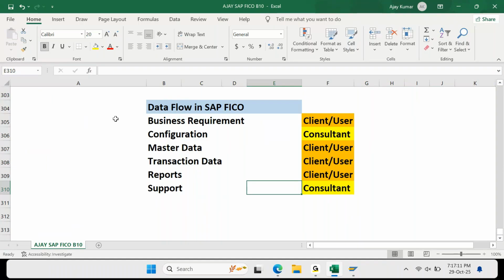Meaning, even though you know the configuration, even though you practiced a lot of SAP FICO, when you join a company, when you're in any project, without the business requirement, can you do the config? No. Not possible. Without the business requirement, as a consultant, you cannot do the configuration. It is as simple as if you are a driver.